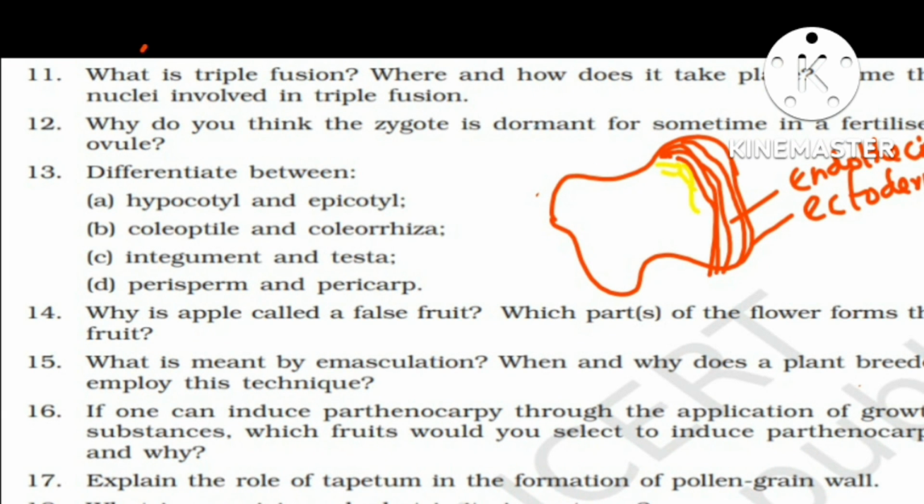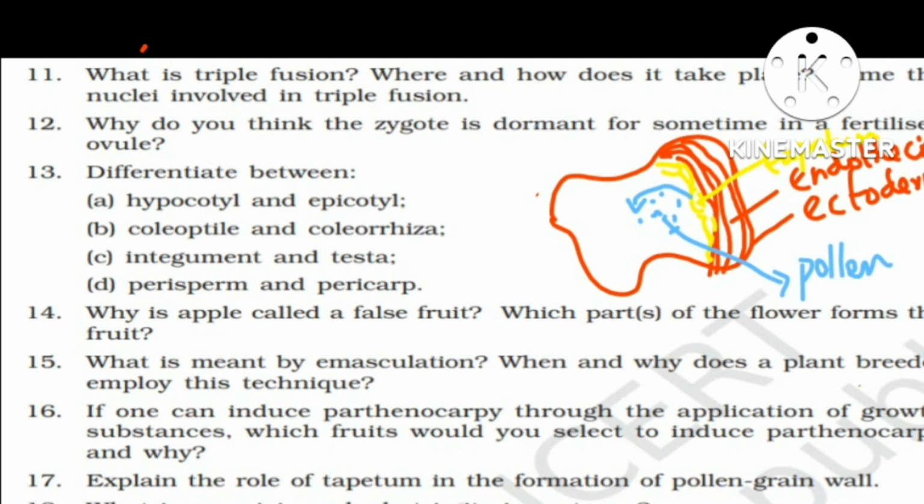Now, tapetum provides nourishment to the developing pollen grains. So if there are any pollen grains present over here, the pollen grains have to develop walls, and so tapetum has to nourish these pollen grains. So that's the reason why tapetum is there.